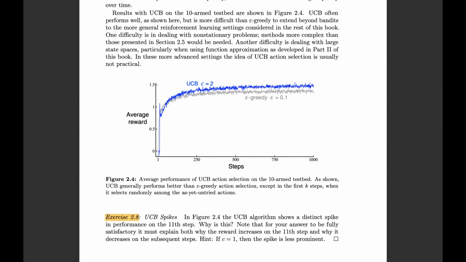Initially, it's a purely optimistic version. So you can say they have much better action value estimates in the initial time, I think.